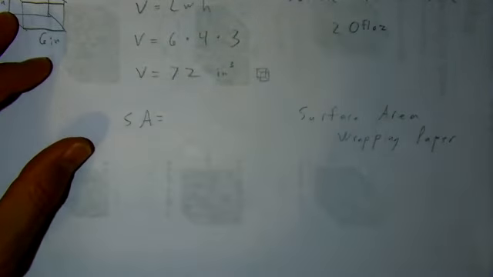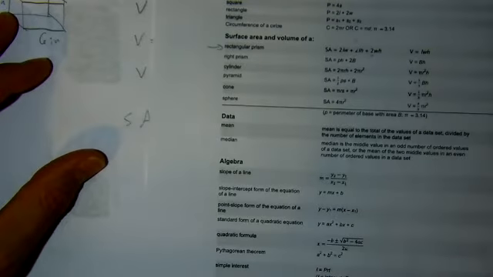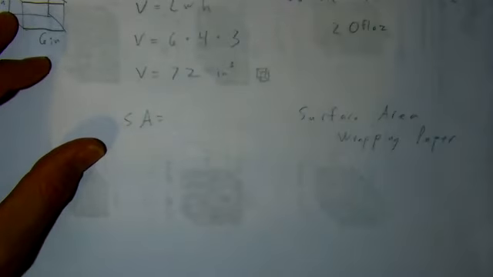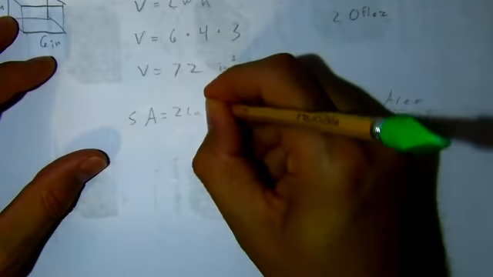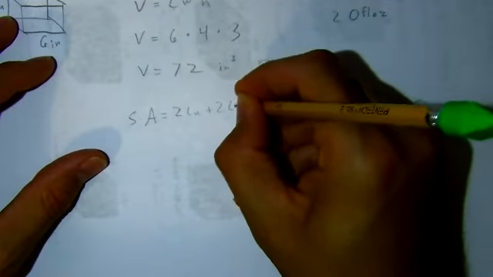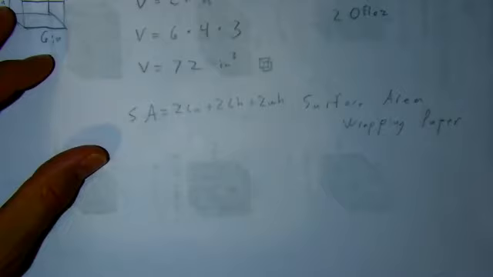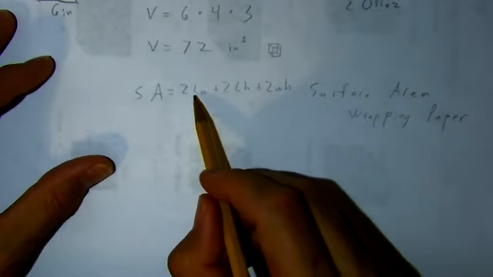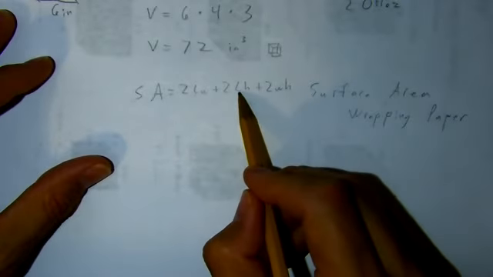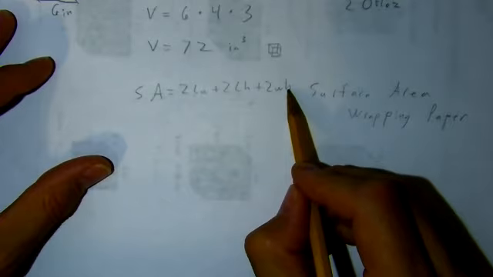So the formula for that, again, is right here on your GED formula sheet. And it is 2LW plus 2LH plus 2WH. So what you're doing is you're using each side twice. So you've got an L here, and you got an L here. You got a W here and a W here, and then you got an H here and an H here.